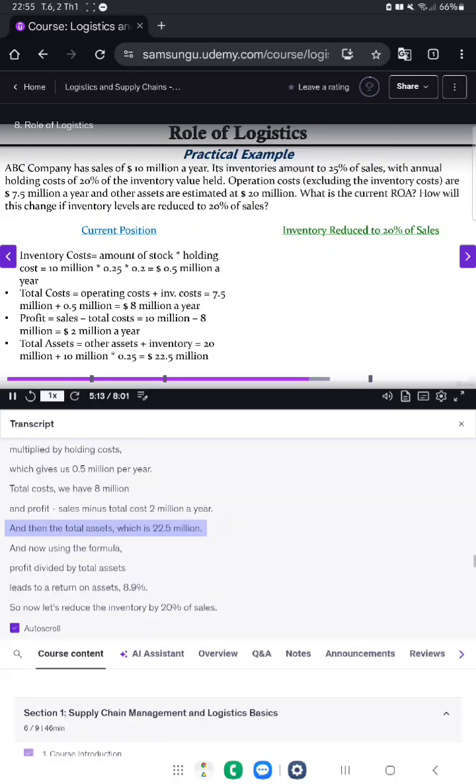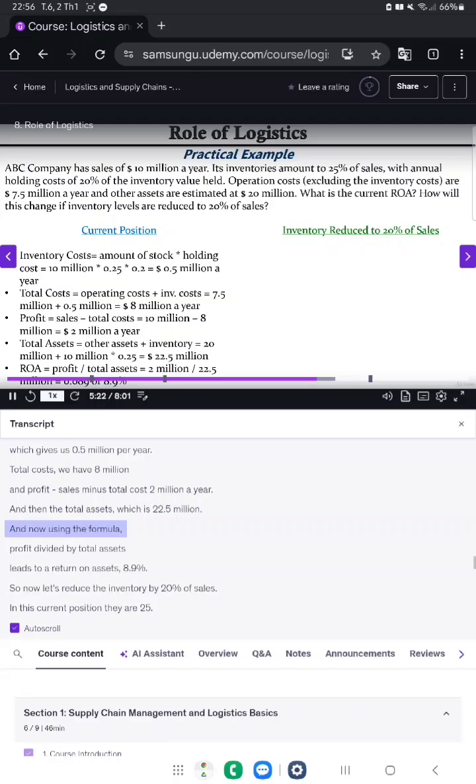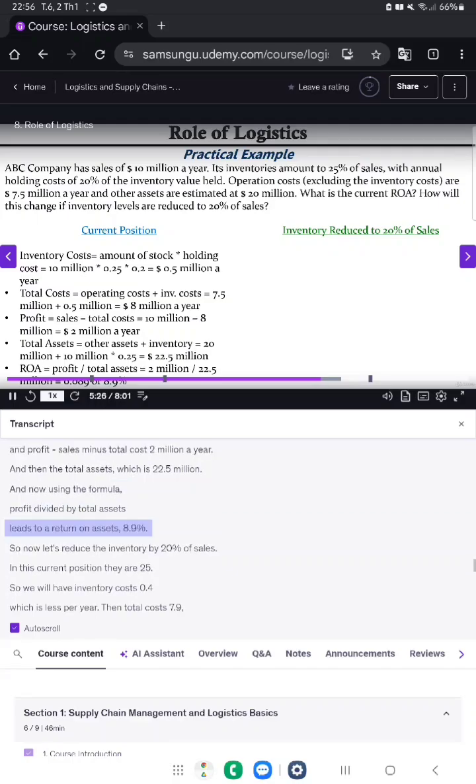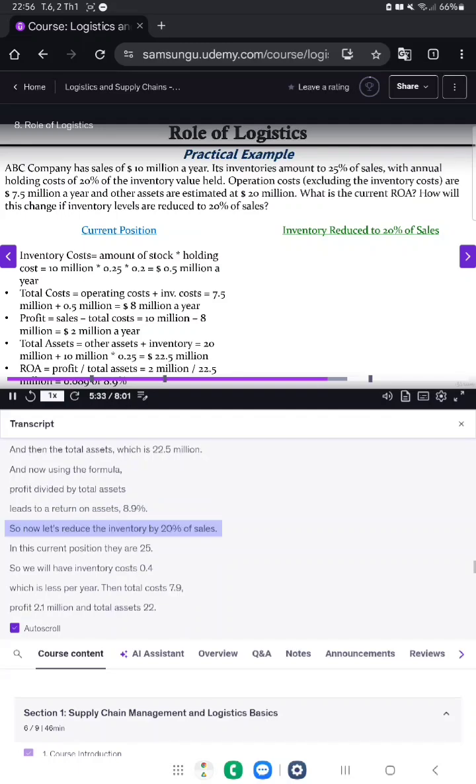And then the total assets, which is 22.5 million. And now using the formula, profit divided by total assets leads to a return on assets of 8.9%.